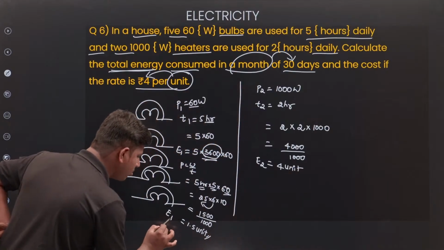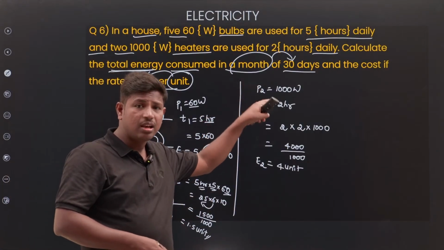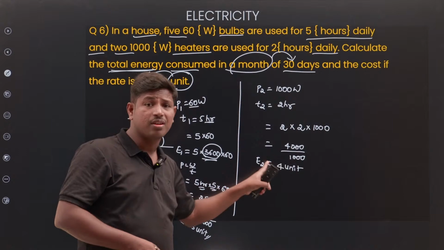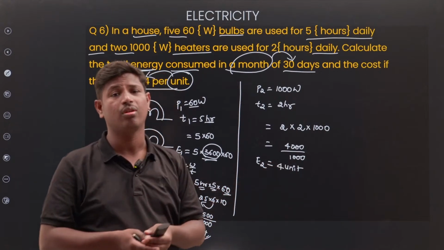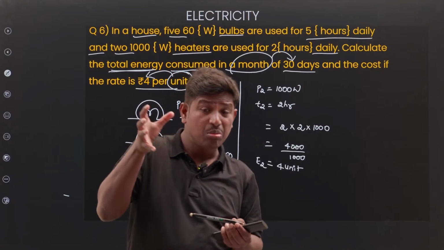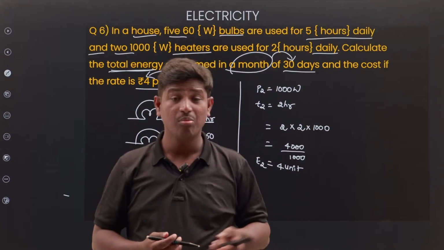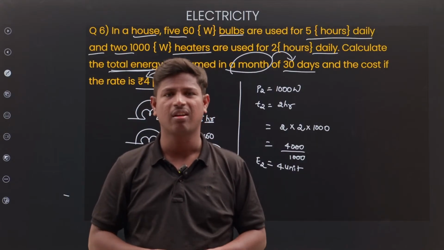E1 is 1.5 units. E2 by the heater is 4 units, because if you are using a heater, more heat is generated, then more work and more energy is required.